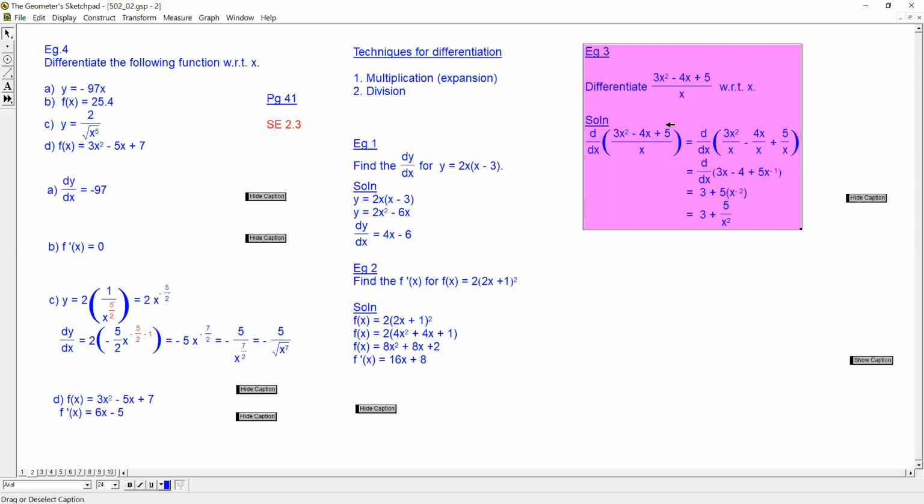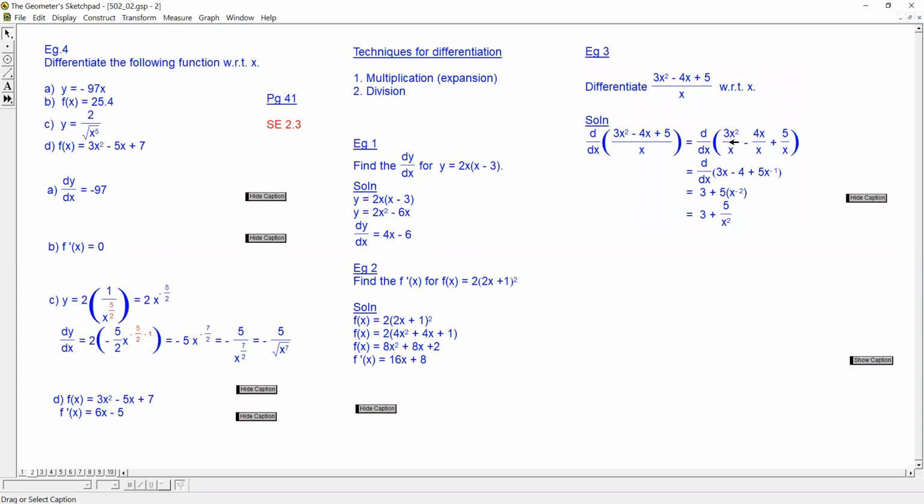But if the bottom is not x, but x plus 2, 2x minus 5 and so on, then you cannot separate them one by one like this. Since it's only involving x, x squared, x cubed, you can separate them one by one.